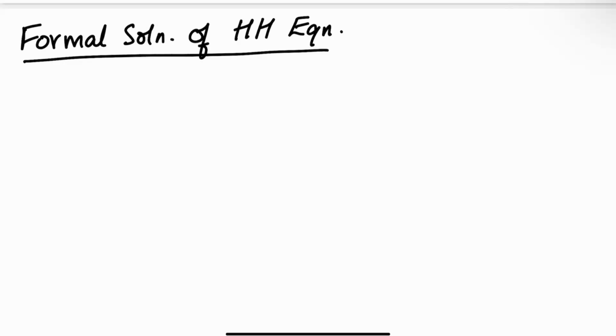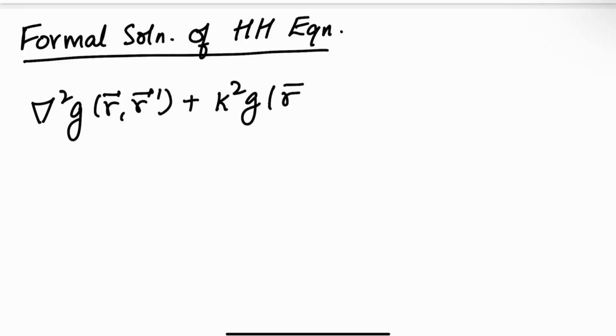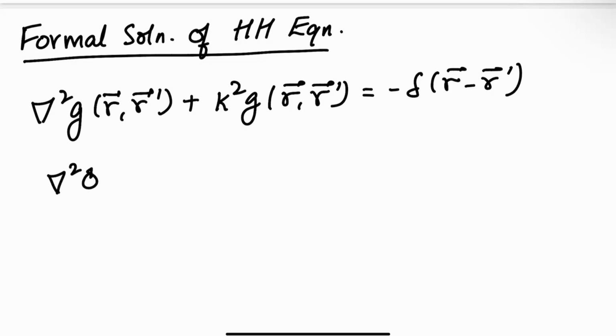All right. So we have two wave equations. We have one that is satisfied by the Green's function, and we have one wave equation satisfied by the potential.